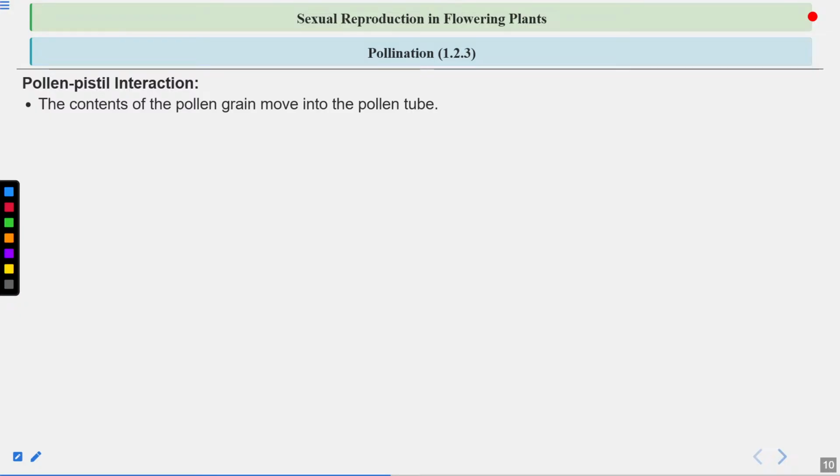So with multiple ovules, multiple pollen tubes could reach the multiple ovules. But for one particular ovule, there will be only one pollen tube that emerges inside the embryo sac. Is it clear?